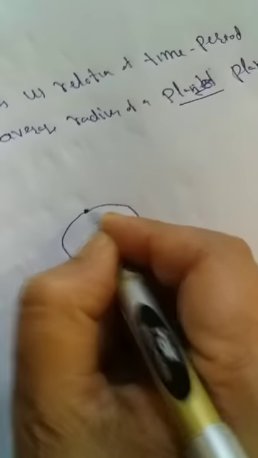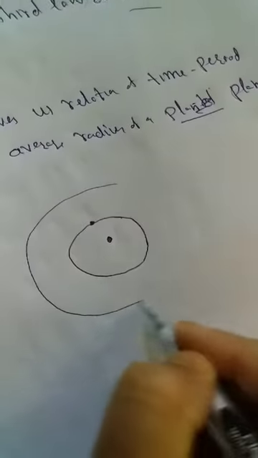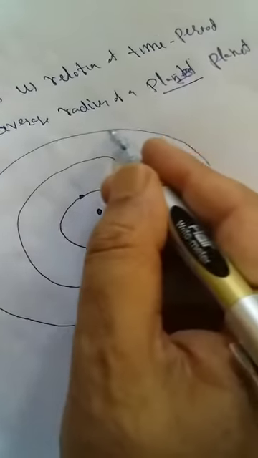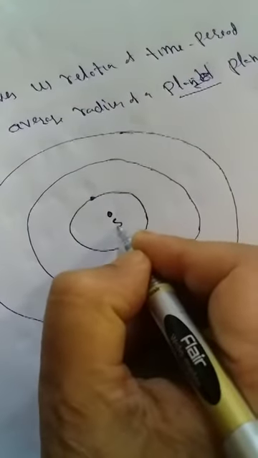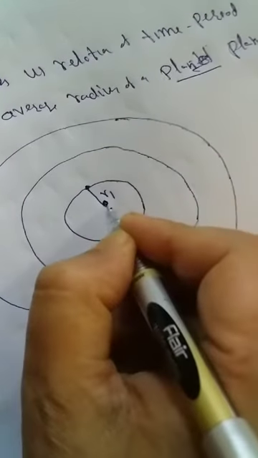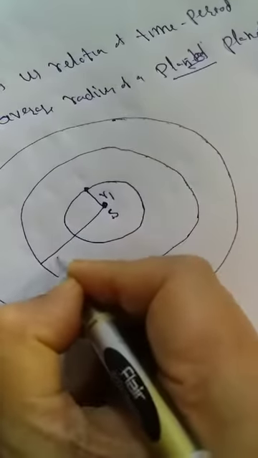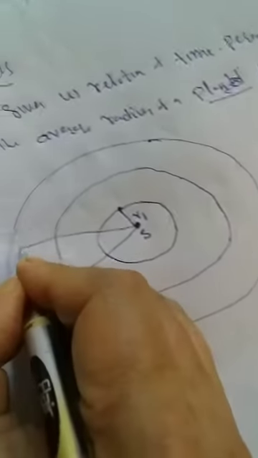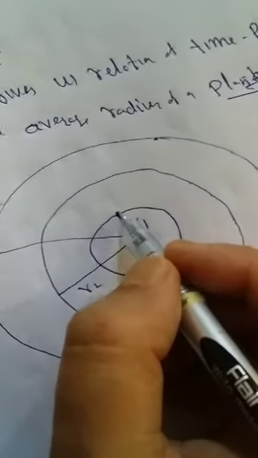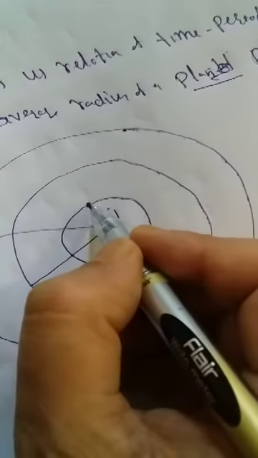Suppose this is the second and this is the third. This is the sun here. Suppose this is the average radius r1. Suppose I take this r2. Suppose this will be r3.